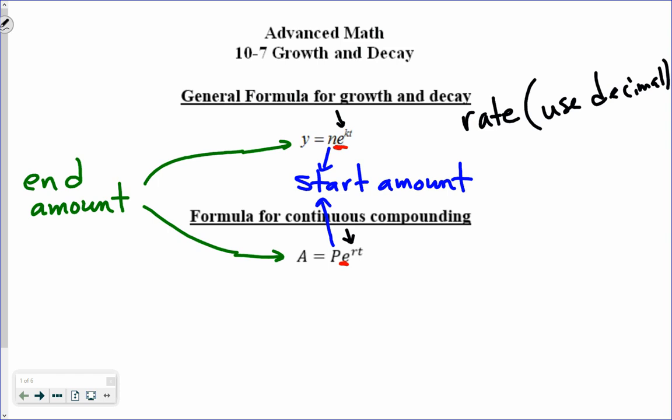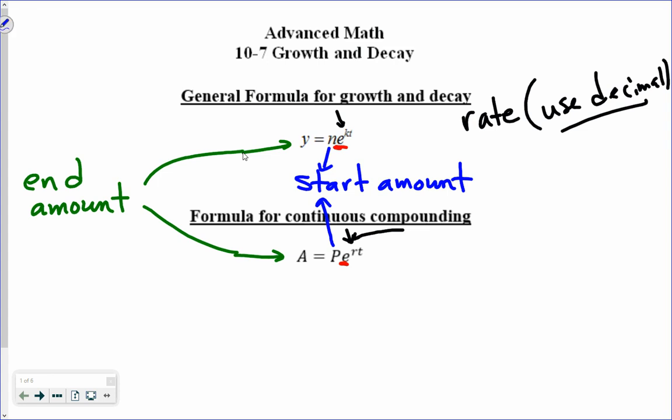Down here, this one's more financial, so normally rates are given as percents. So down here, if I ask you for R, give it to me as a percent. If I ask you for K, give it to me just as a decimal. The one at the bottom, R, always give it to me as a percent. But when you put it in the formula, use the decimal version. But if I ask you for it, give it to me as a percent.